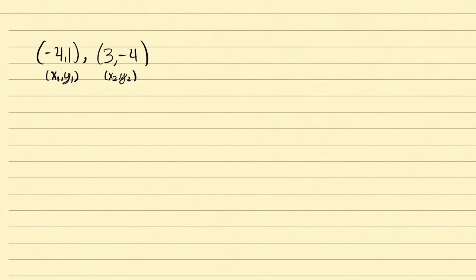I could reverse it and call this x2, y2, and this x1, y1, whichever you prefer. So the distance formula is the square root of x2 minus x1 squared plus y2 minus y1 squared.